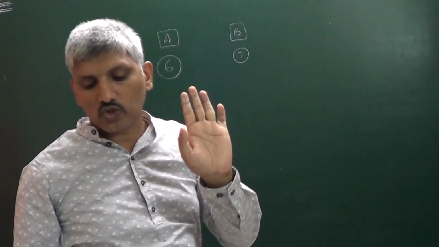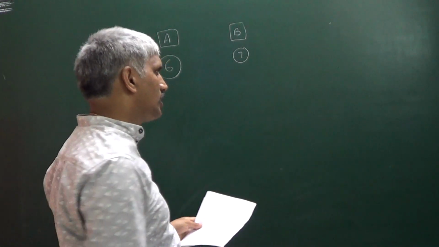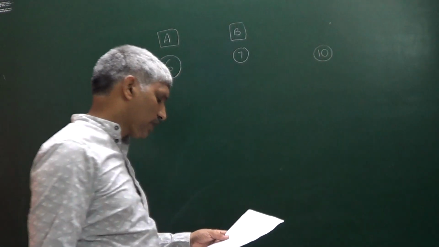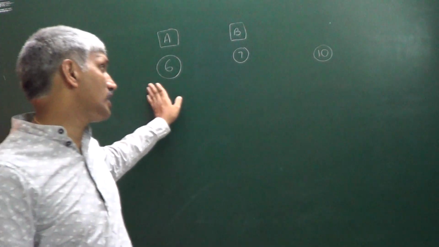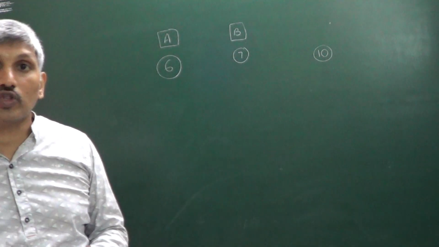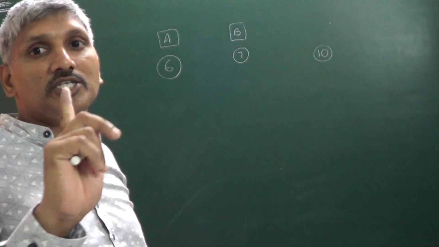The student has to answer 4 from each section, total 10 questions. So from these 13 questions the student has to answer 10 questions, such that a minimum of 4 he has to attempt from each section.